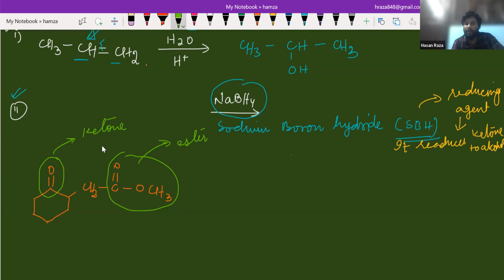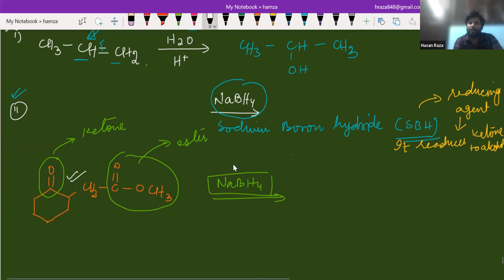It's very important. You should look at the previous classes' notes like class 11th chemistry and learn how to recognize functional groups. I will ask questions about that also. So see, what I wanted to tell you is that this NaBH4 is a reducing agent which reduces only ketone and aldehyde.